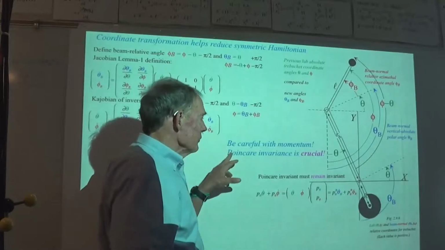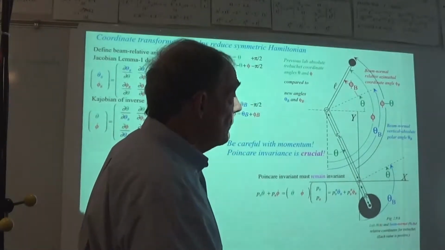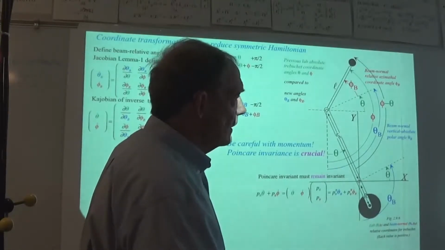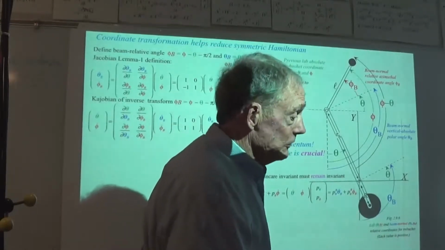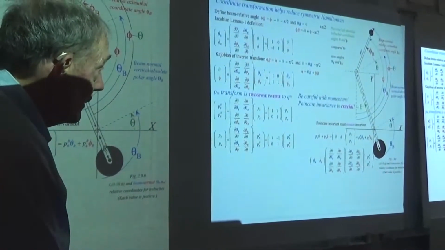But even here, when we're just mixing coordinates, I want to make it clear that Poincare invariance is something we really want to respect. Otherwise, you're going to be in trouble and not get the right answers.